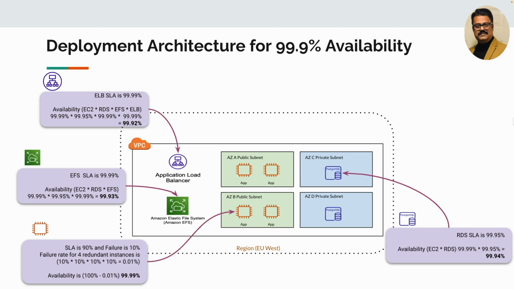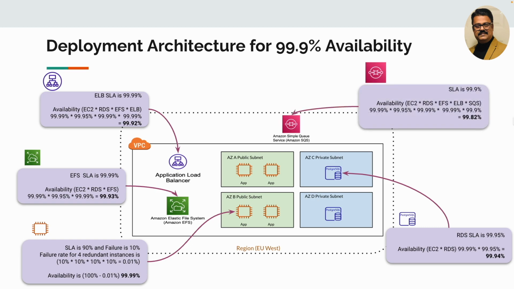This is a regional, or region-based, managed service. So to derive the final availability, after multiplying the SQS SLA with the current availability, the new availability for our system is now 99.82%. Now this is slightly lower than our required availability, which is 99.9%.